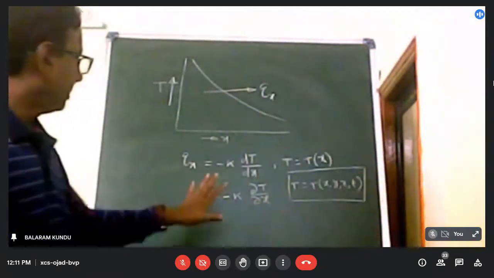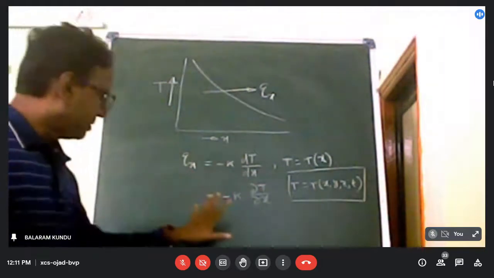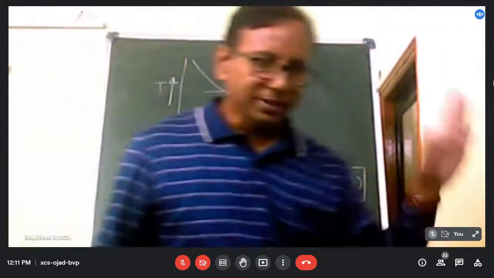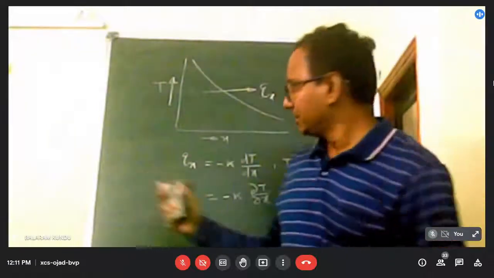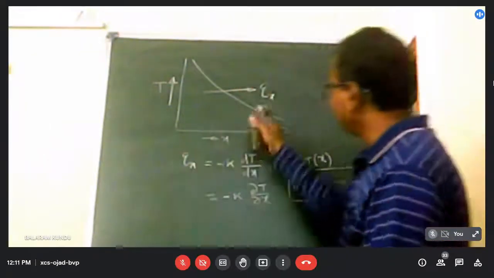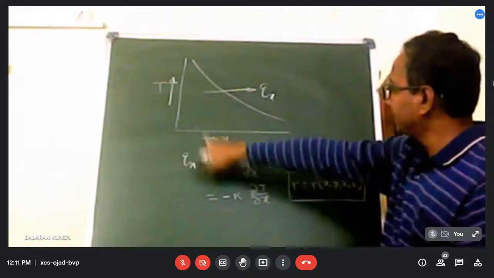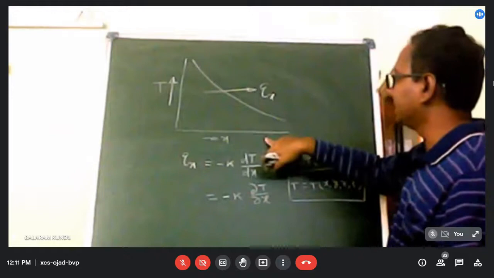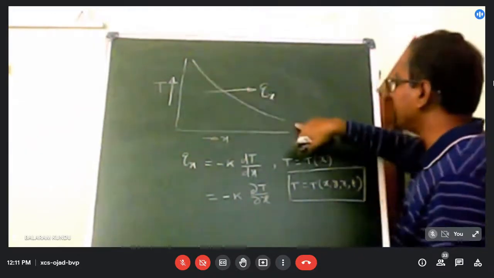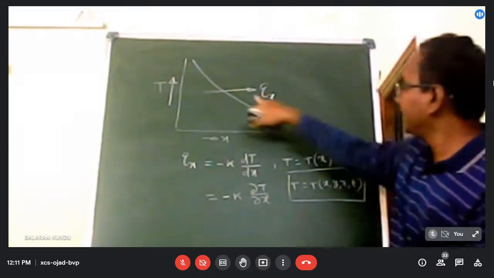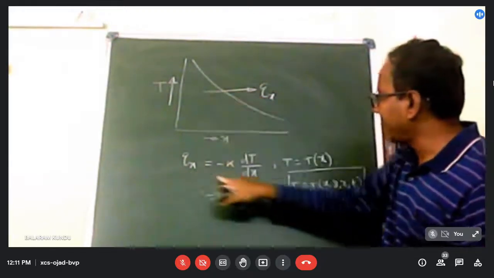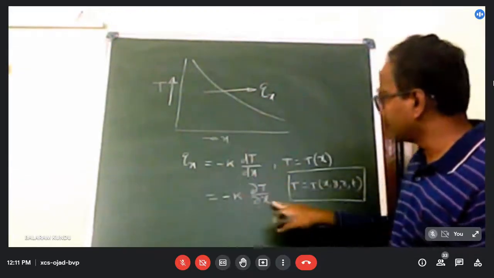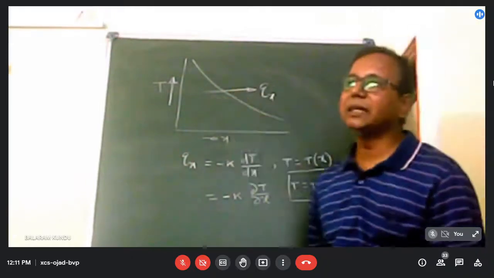Now at this moment, just try to understand why the negative sign. That is very important here. Why has the negative sign been considered if we apply Fourier's law of heat conduction? I already mentioned that if the temperature changes in the x direction and decreases in the x direction, then if we apply minus k into del t del x, the temperature gradient is negative.